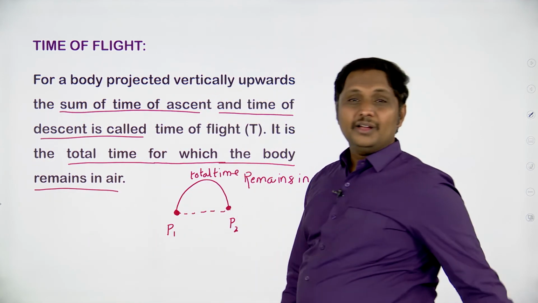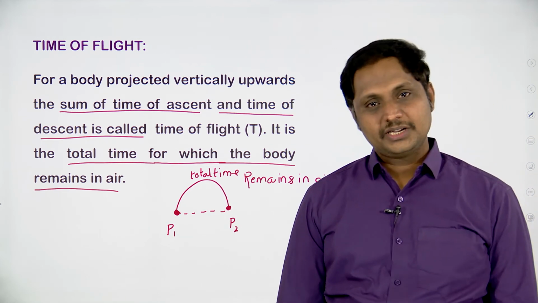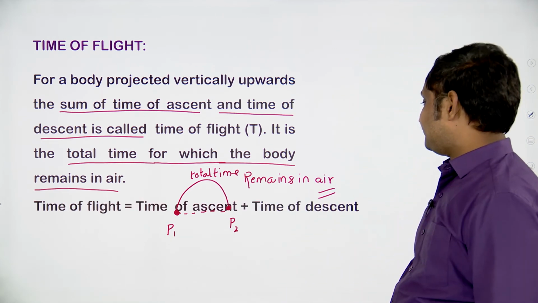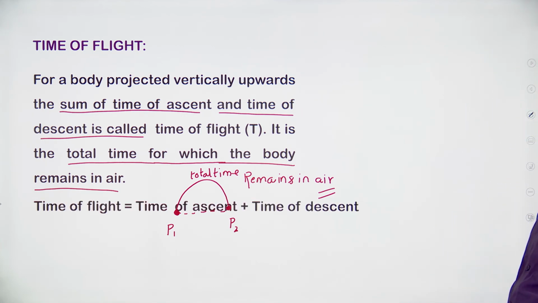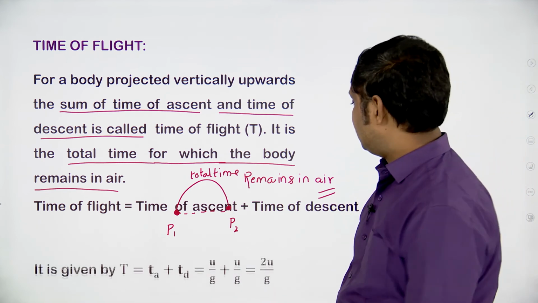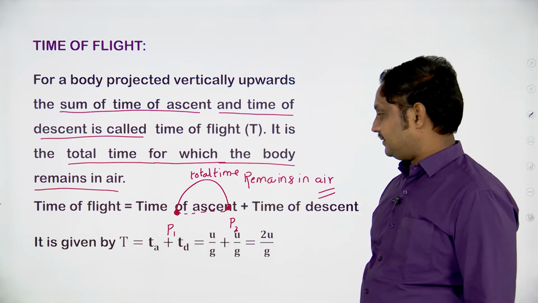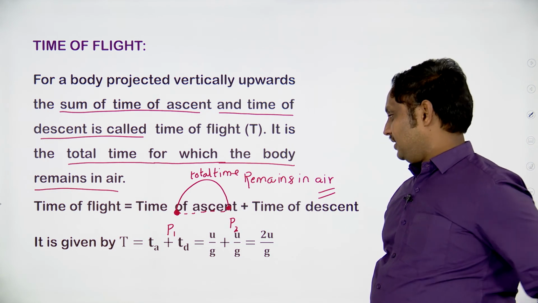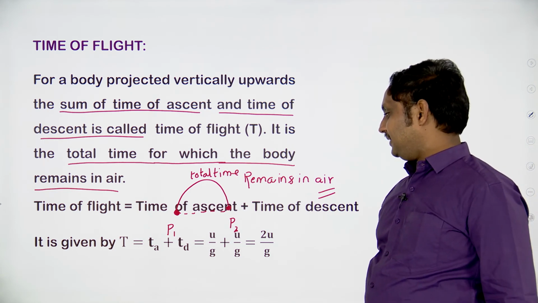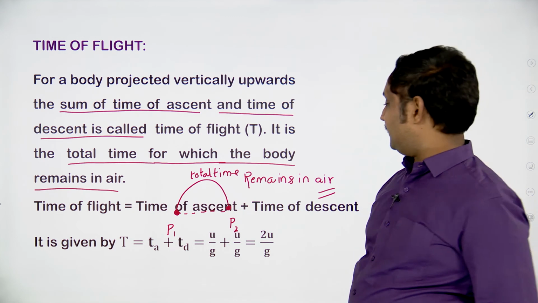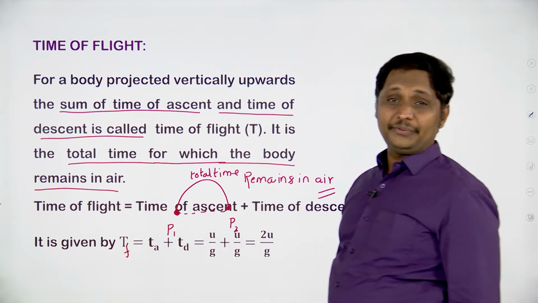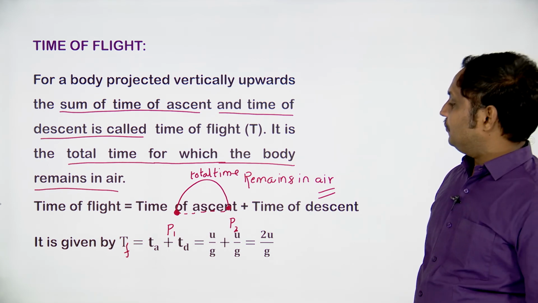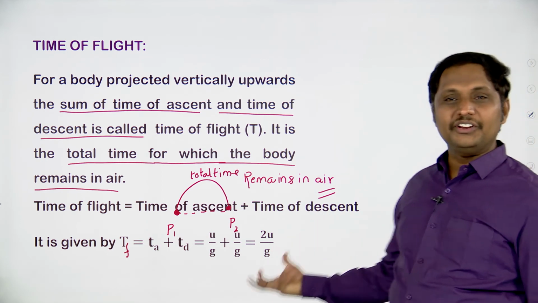It's very clear. Time of flight is equal to time of ascent plus time of descent. This is the expression that has been identified. Time of flight, we represent as TF. So TF is equal to TA plus TD. It's very clear.